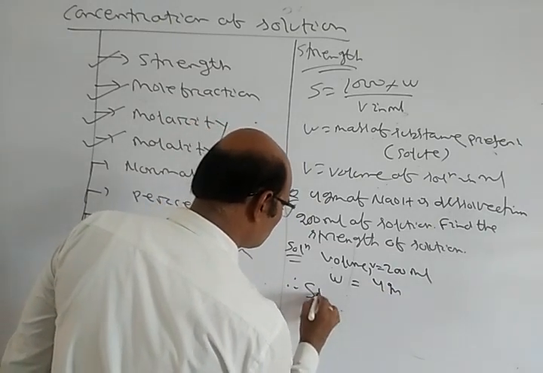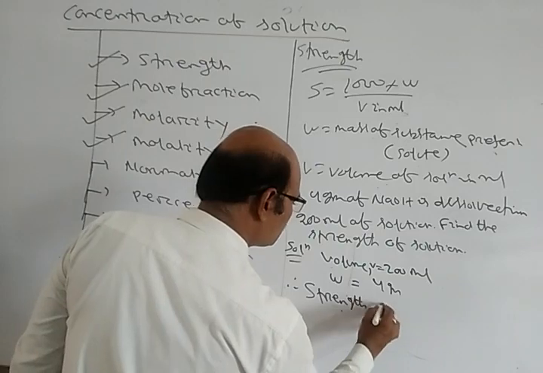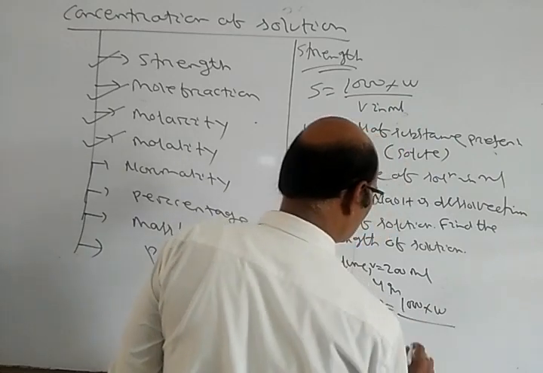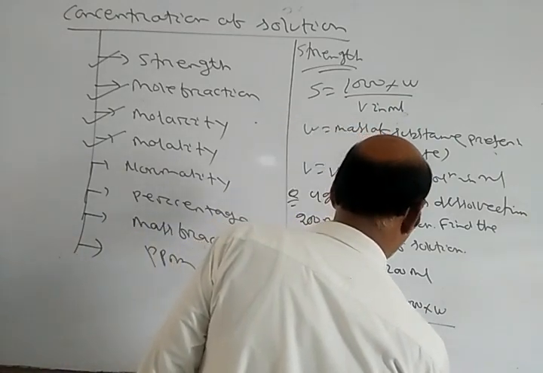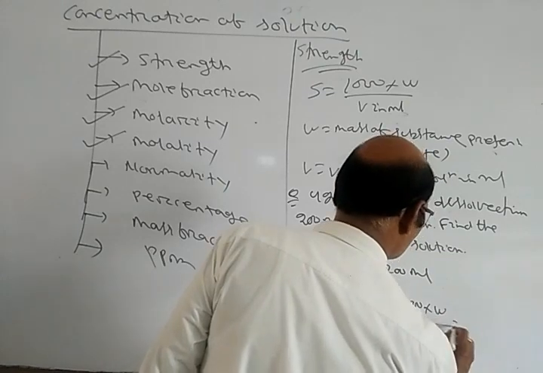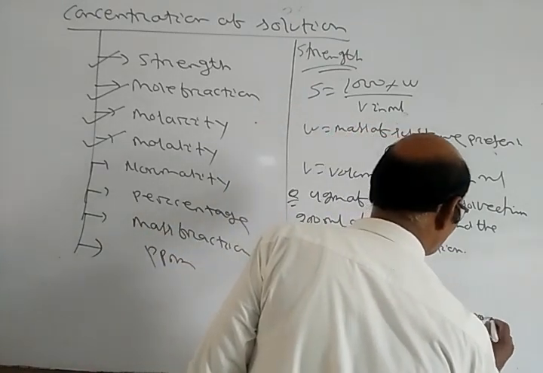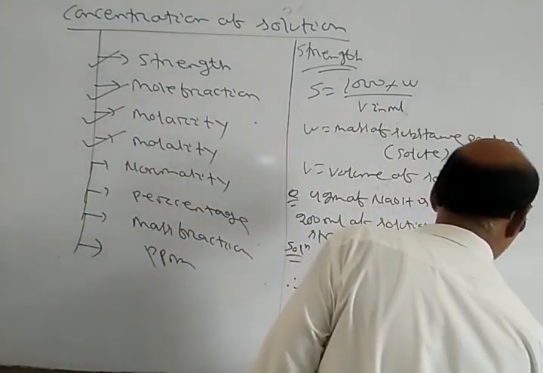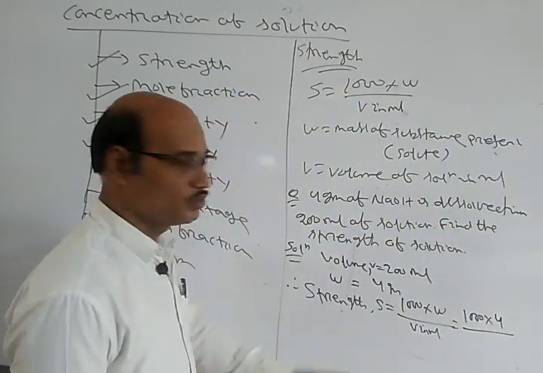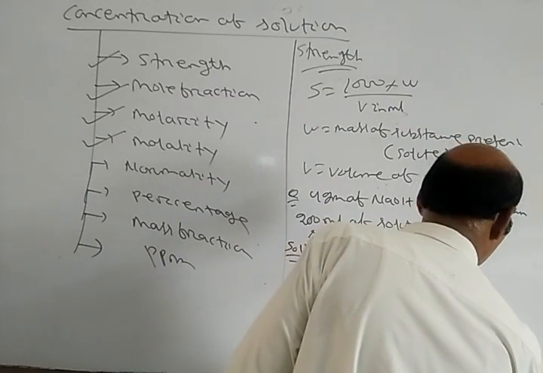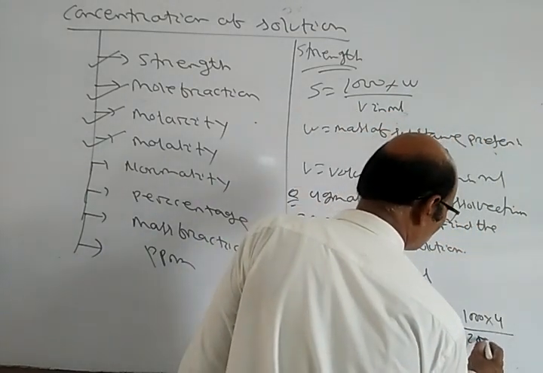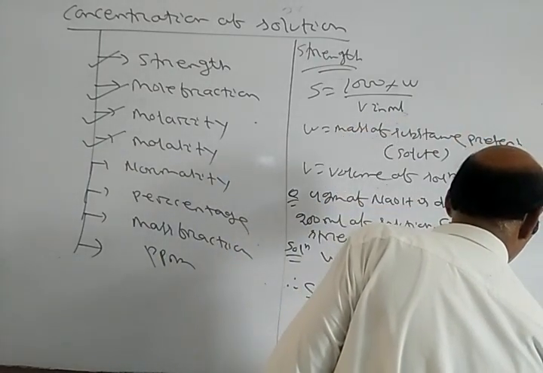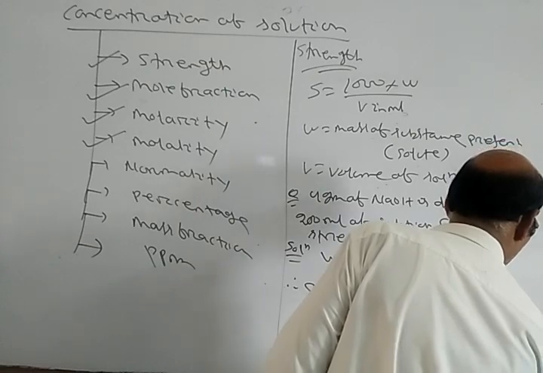Therefore strength S is equal to 1000 into W by V in ml, which is 1000 into 4 gram by 200 ml. That is equal to 20 gram per liter.